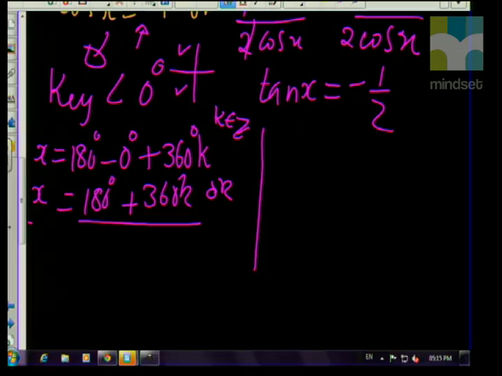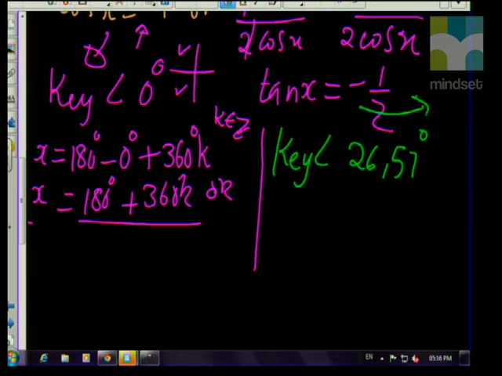Key angle is 26.57. Right? Now I've got the key angle. I haven't used the minus. Now the minus is telling me tan is negative in 2 quadrants. So where is tan negative? It's negative in the second quadrant and also in the fourth quadrant. How do I get an angle in the second quadrant? It's 180 minus, because I'm solving for x.